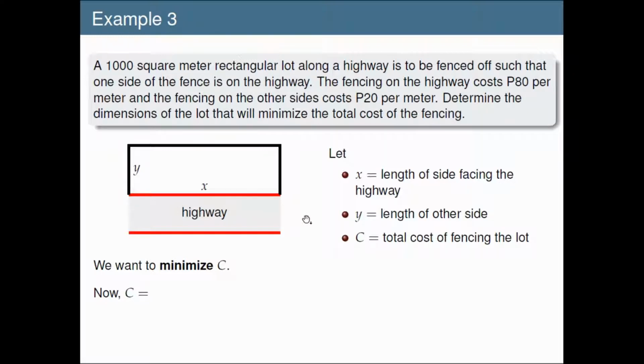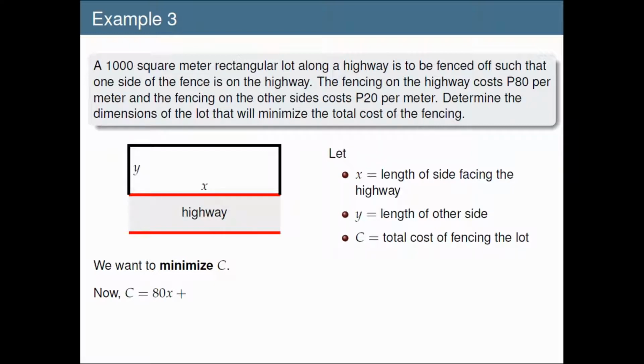Tingnan natin yung side na along the highway. The fencing along the highway costs 80 pesos per meter. So since x meters ito, yung nasa along the highway, the cost for this part is 80 times x.